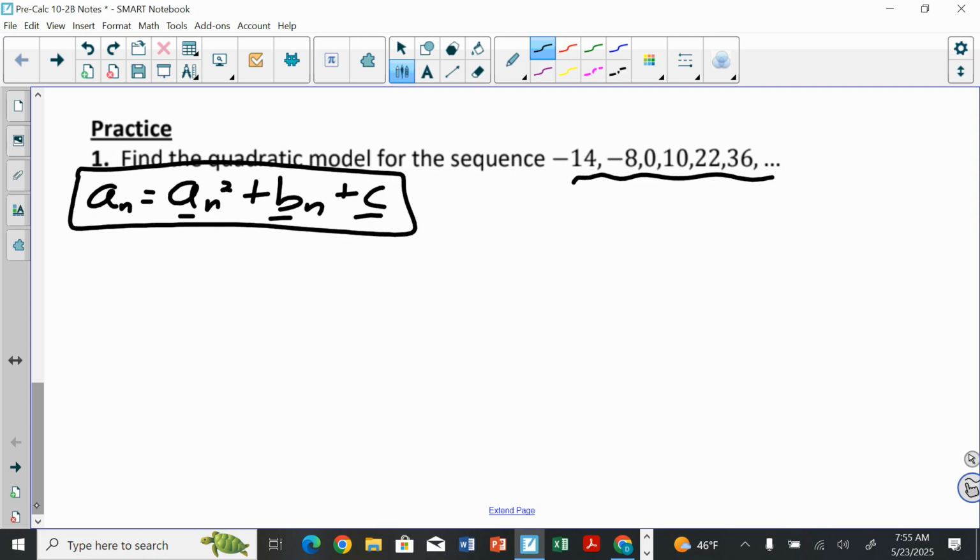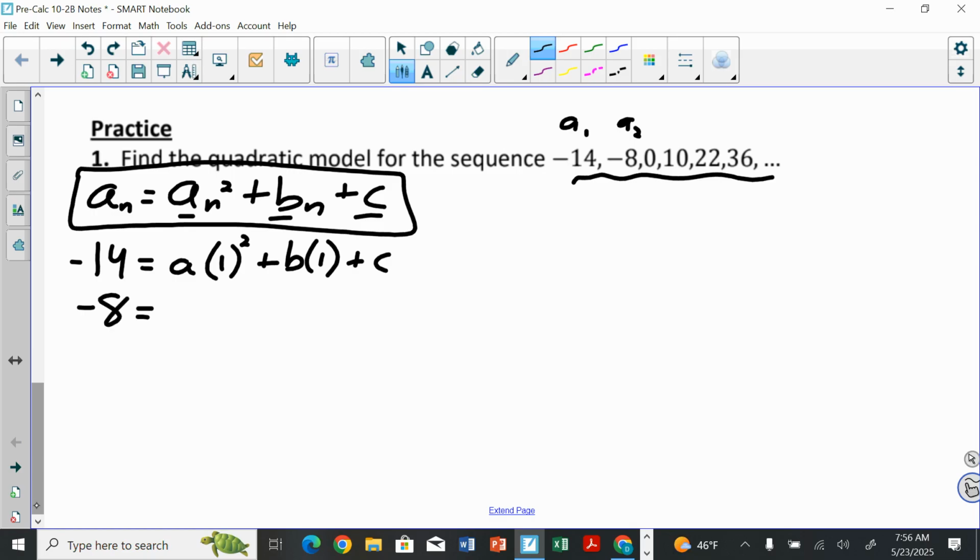Okay, so when we do that, for a sub 1, I'm just going to plug in -14, the first term, and that's going to equal a times 1 squared plus b times 1 plus c. The next term, a sub 2, would be -8, so we would have a times 2 squared plus b times 2 plus c.